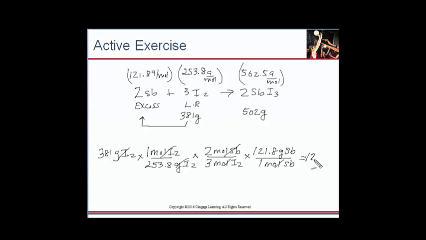And our answer is 122 grams of antimony. Now remember, the problem said there were 129 grams of antimony available. But we just calculated that if we had 381 grams of iodine, all we would need would be 122 grams of antimony. So there will be 7 grams that are not used up of the antimony.